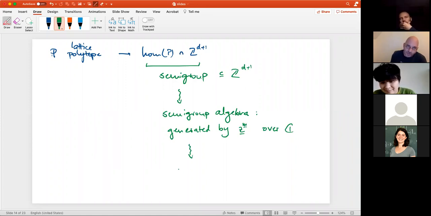And so in this language, my integer point transform is what's called the fine, sorry, the multigraded or the finely graded Hilbert series of this semigroup. Multigraded Hilbert series.